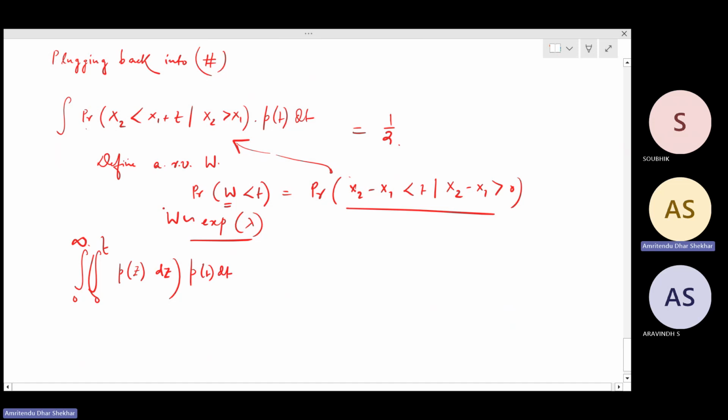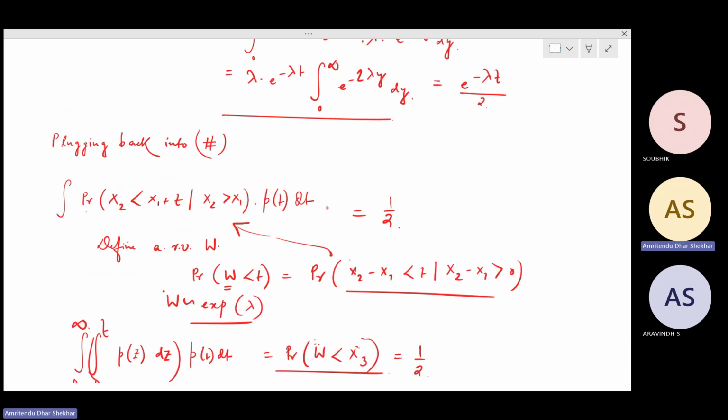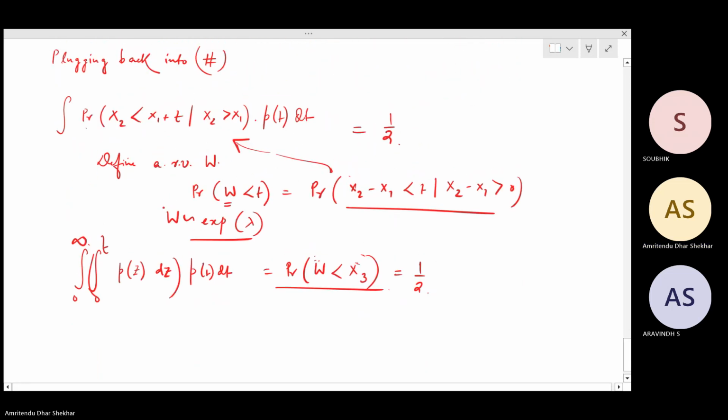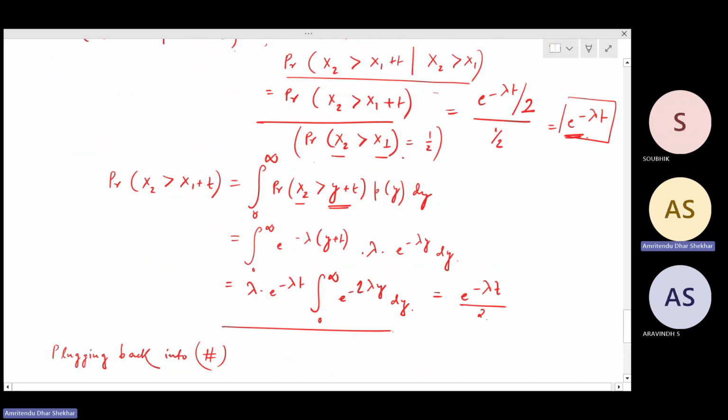So essentially, this is equal to probability of w smaller than x3. Now w and x3 are again IID random variables, and probability of w less than x3 is therefore equal to half. You can also explicitly get half by plugging in the value and doing the explicit integral, but this is a way to bypass that calculation. You can also do it in another way.